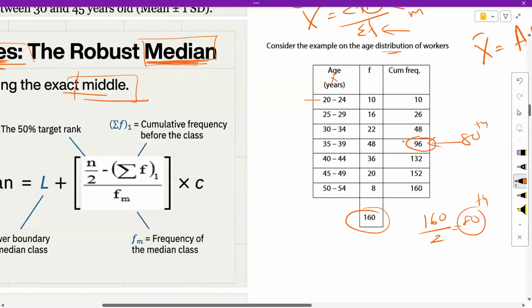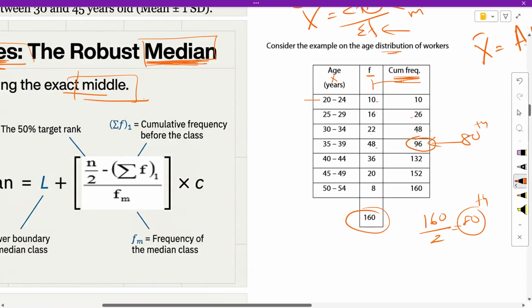We use the cumulative frequency. The first is 10, meaning 10 employees below 24.5 years, then 26 below 29.5, then 48 below 34.5. Adding up: 10 plus 16 is 26, 26 plus 22 is 48, 48 plus 48 is 96, 96 plus 36, and likewise we build the cumulative frequency.